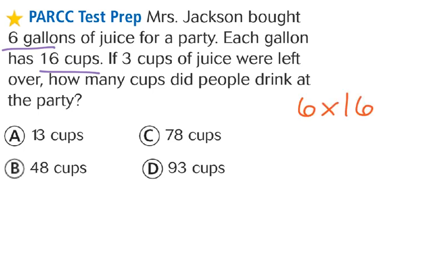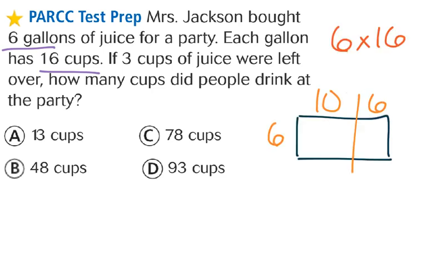The problem that we have to first start off by solving is 6 times 16. I'm going to go ahead and use the area model to solve this. So I have my rectangle. 6 times 10 is going to be 60. And then 6 times 6 gives me 36. Then I need to add my two partial products. 60 plus 36 gives me 96.